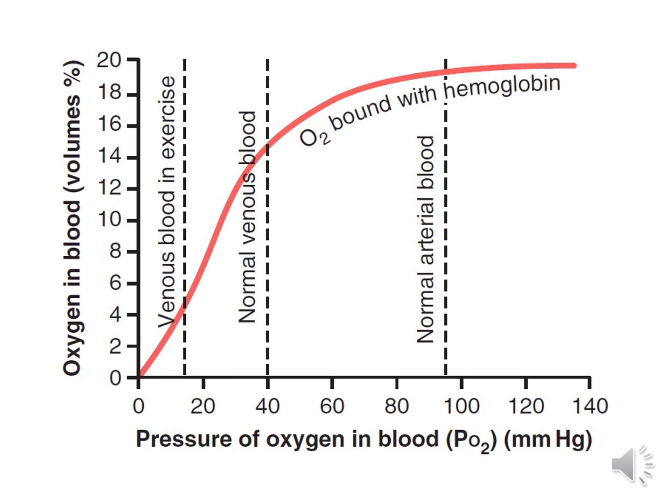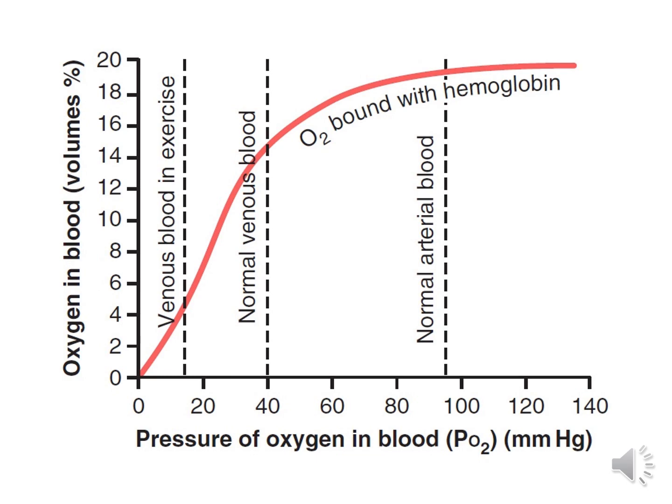Therefore, 5 mils of oxygen are transported by the lung to the tissue by each 100 mil of blood. And this is going on and on in our body circulation.